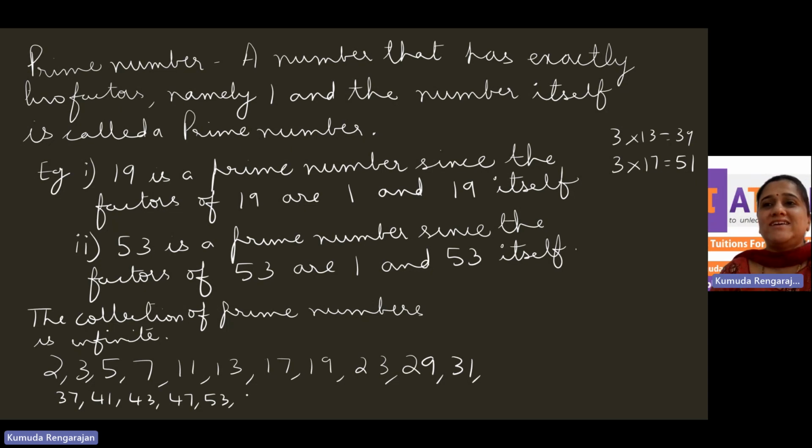54, 55, 56, 57, 3 tables. 3 19 times is 57.